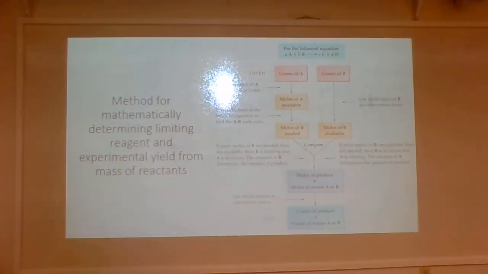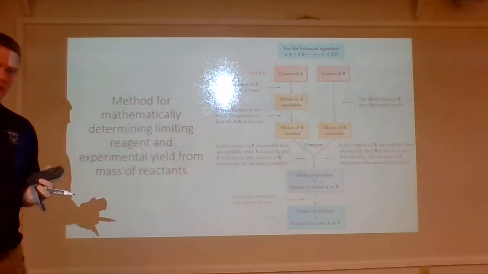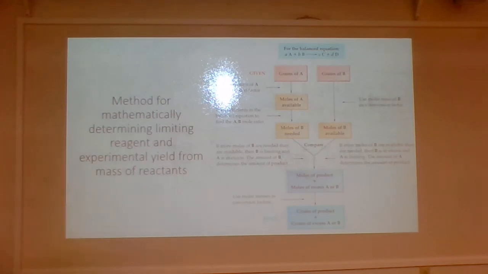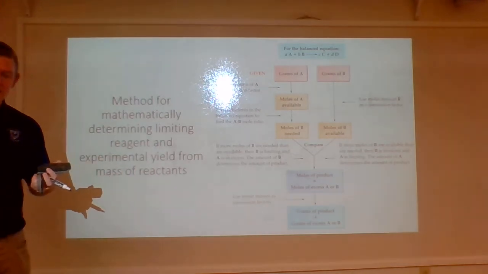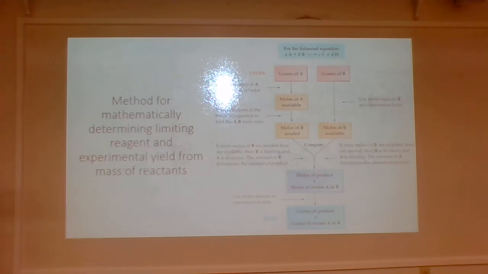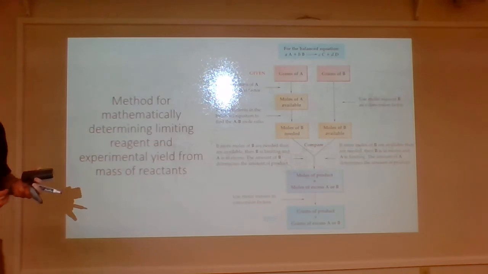But the idea is if you convert them both stoichiometrically into the number of moles of the same thing, you can compare the two and say which one can produce more product and which one can produce less. The starting material that can produce less product is going to be your limiting reagent, and the starting material that can produce more product is going to be your excess reagent.